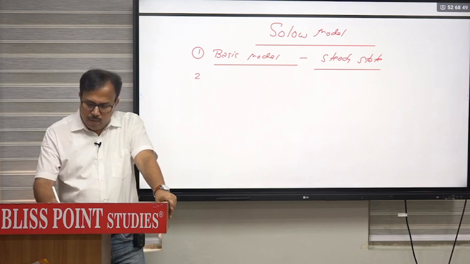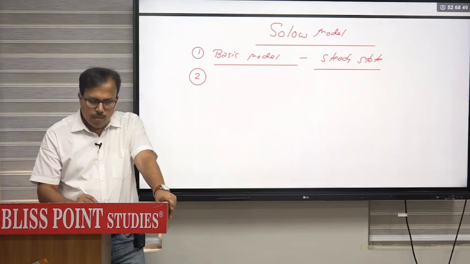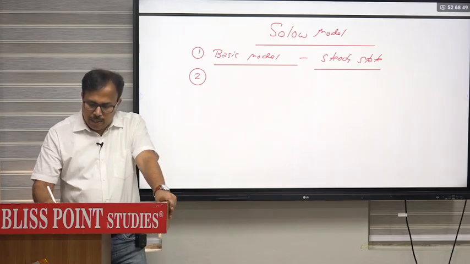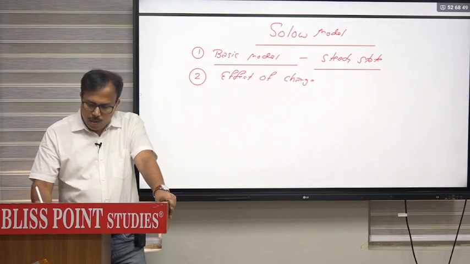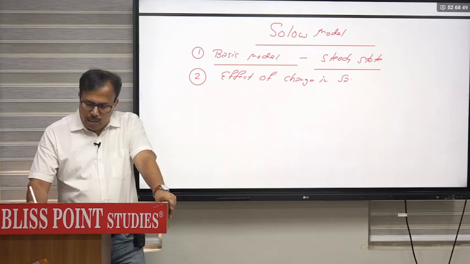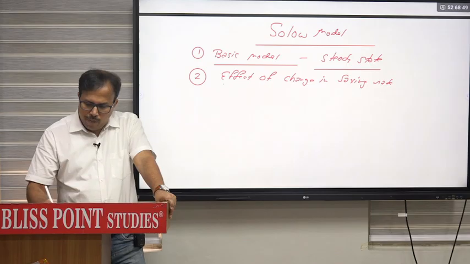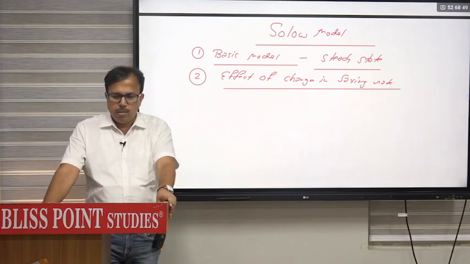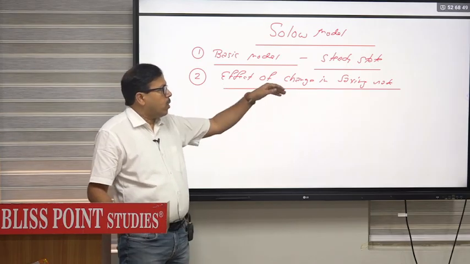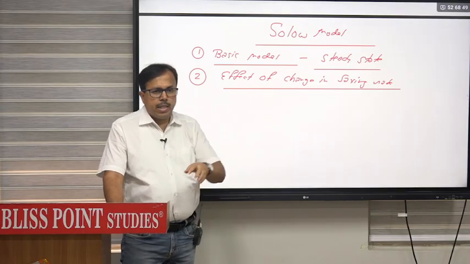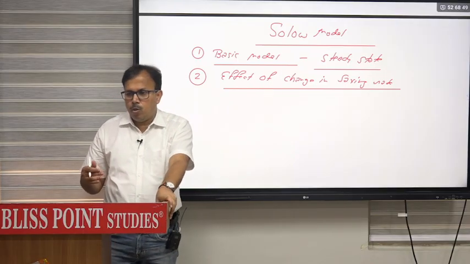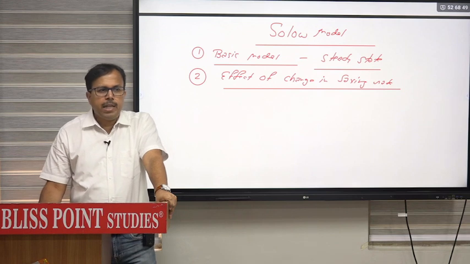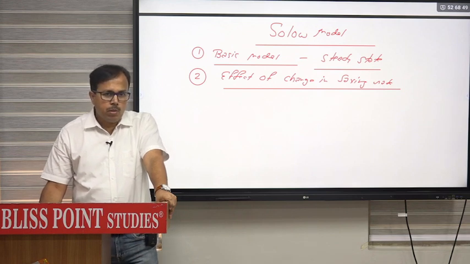Then second, we discuss the effect of change in saving rate. So the effect of change in saving rate on what? On the steady state. And whether saving will cause permanent growth or only temporary growth.